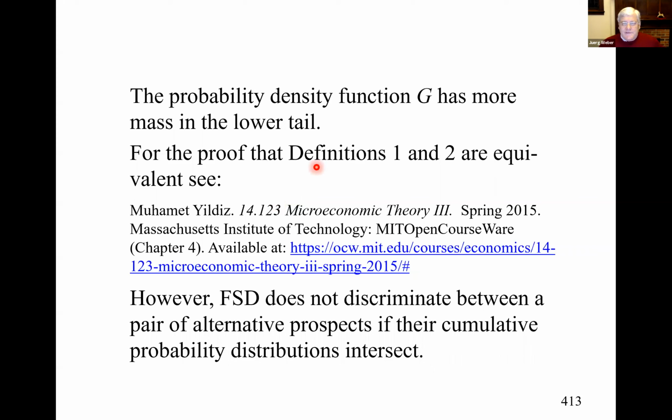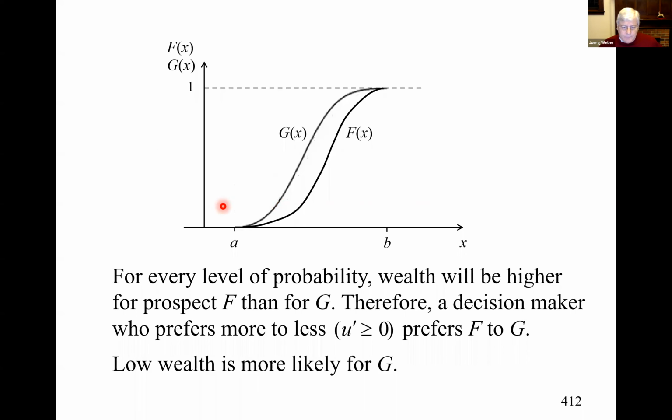As I said, the two definitions that we did are equivalent. You can look this up. But it's easy. If we have two risky prospects, maybe two types of investments, and that's the wealth here, and those are the CDFs that show you the distribution of those two prospects, then the person will prefer the F to the G, because this gives you the higher wealth.